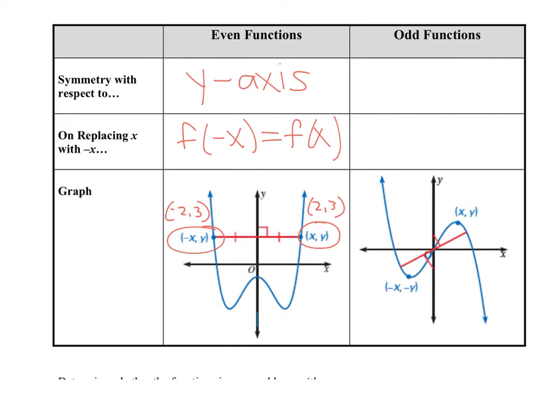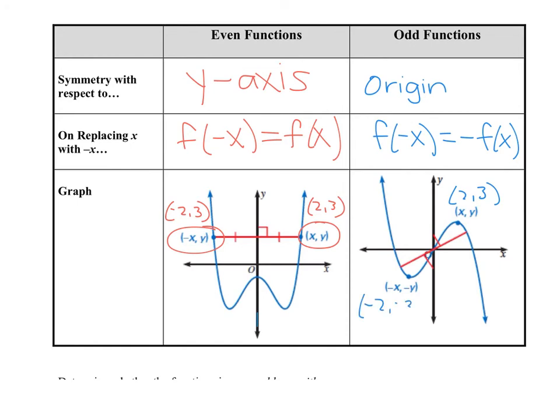Then there are the odd functions. The odd functions have symmetry with respect to the origin. On replacing x with negative x, we'd get the opposite y value. So the y value for negative x is equal to the opposite of the y value for positive x. So if we have the point 2, 3, then negative 2 would give us negative 3. So here the symmetry is the origin.